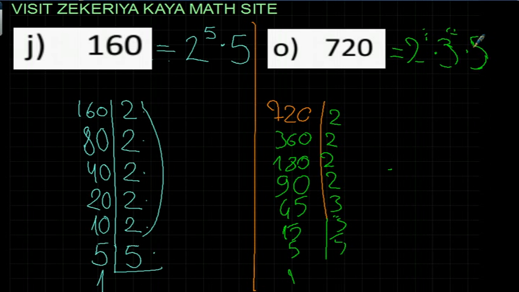Yes. 2 power 4. We must put 3 power 2. For these people, let's make an extra thing. Perhaps for Elisa, for Narin, also for Edis, Beza.